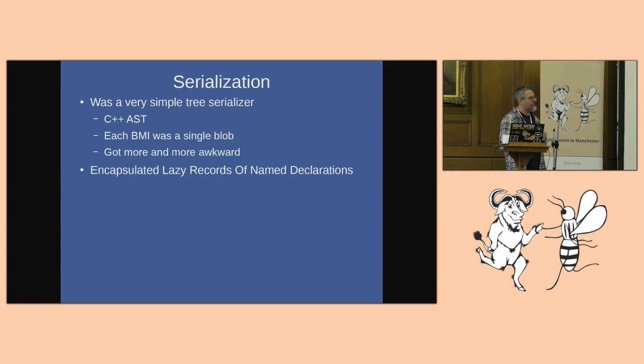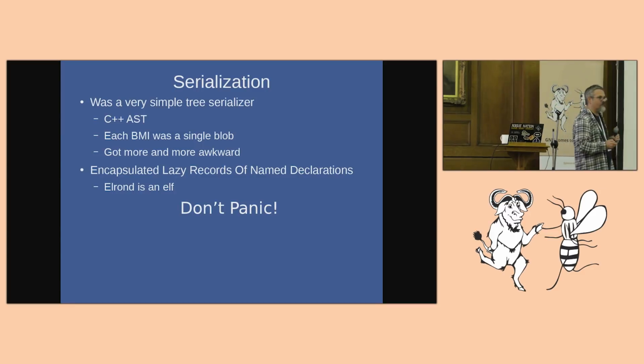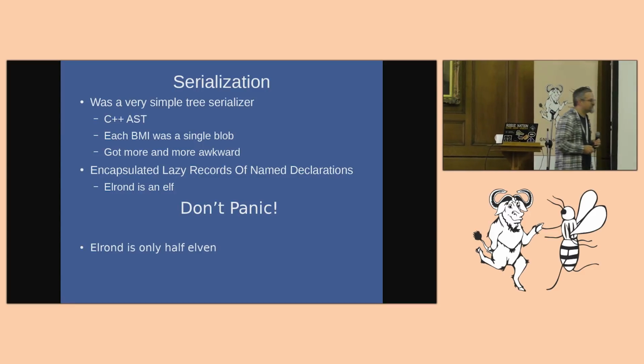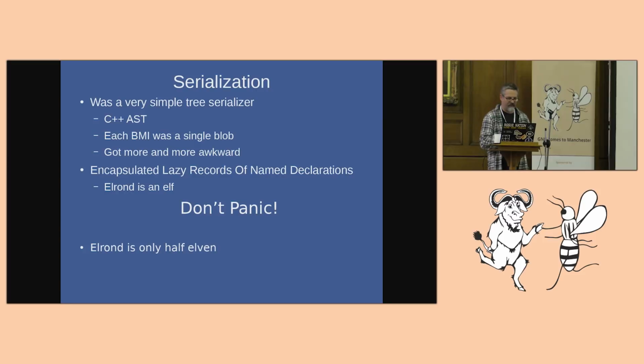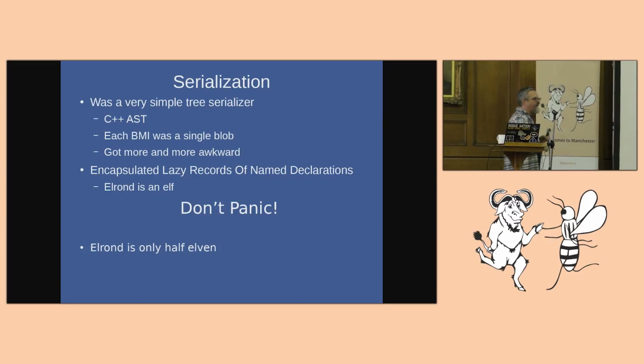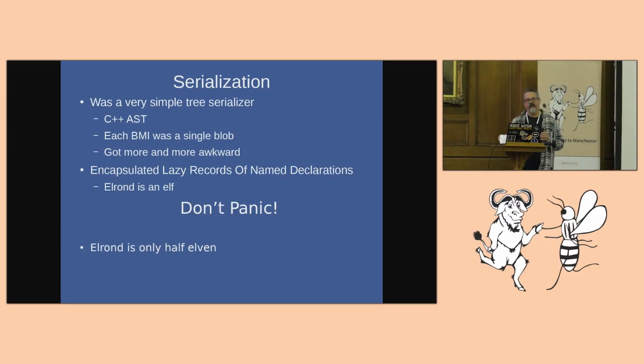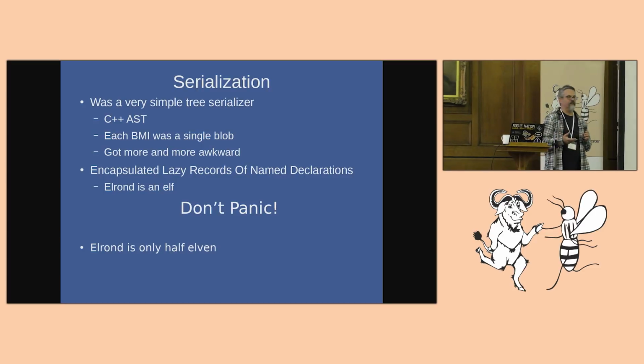Those of you who know your toolkit will know that Elrond, well, there's at least one system that doesn't use ELF, so don't worry. If you know your Tolkien well enough. All I actually needed was named sections and index sections.